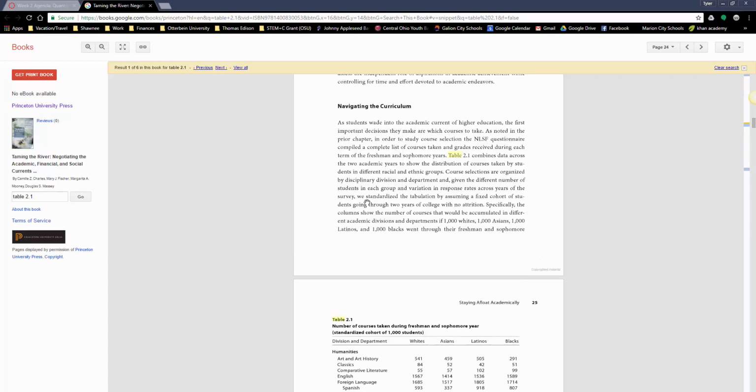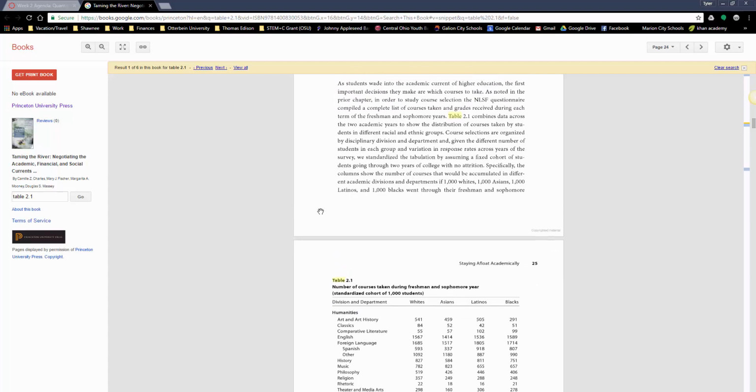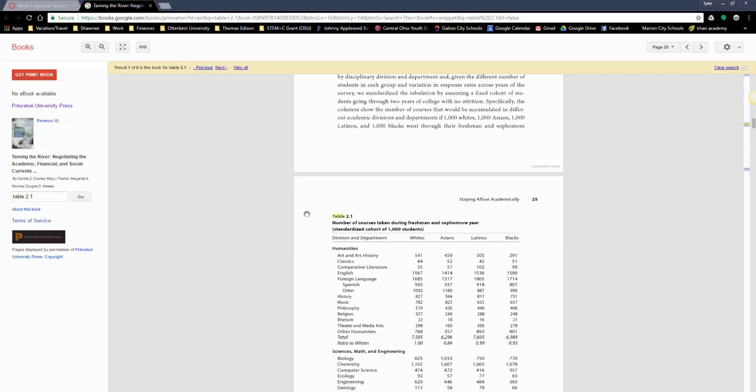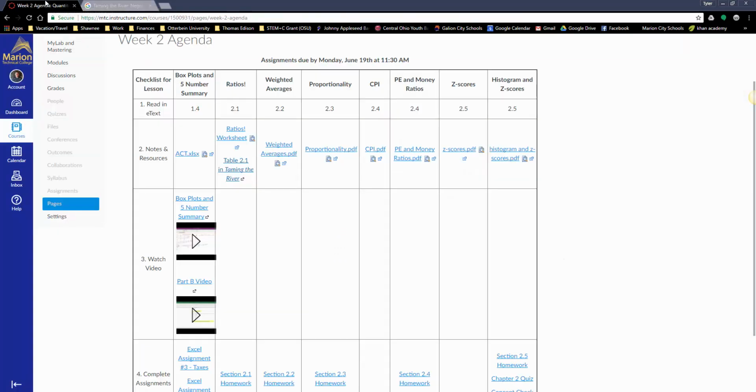This is part of the book on Google Books, just a small portion of the book that you can sample, but if you read through this, you can get an understanding and be able to answer the next question. So I would pause and read through this and try to answer on your own. We would mimic this in the classroom if you were taking this course on campus.